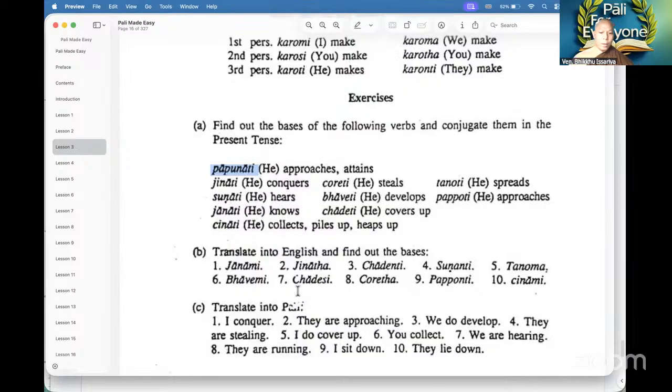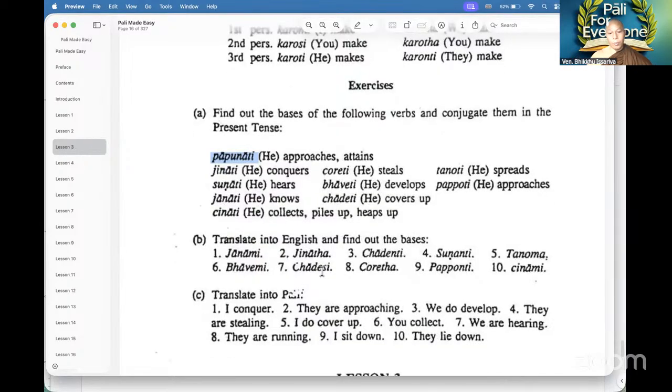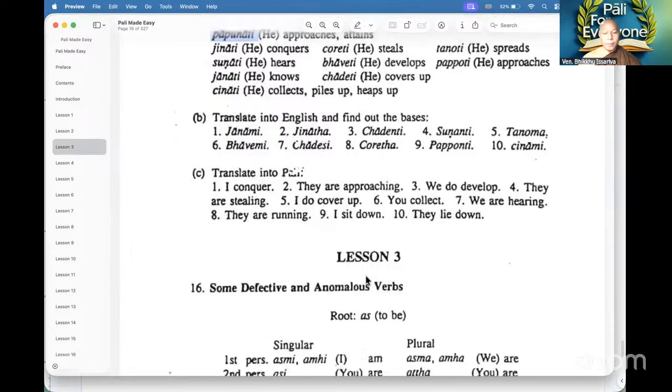Okay, so now today we will go to lesson 3. So lesson 3 is some irregular verbs, some anomalous roots actually, not verbs.